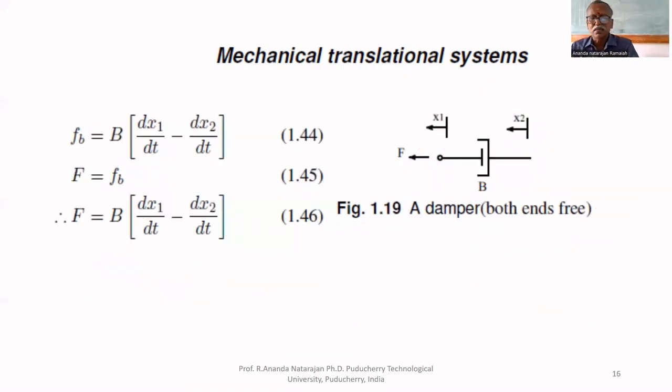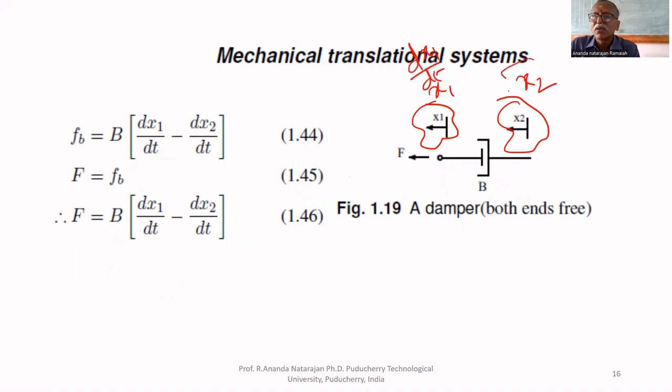The third case is a dashpot where both ends are free. One end is moving with a displacement of x1. The other end has a displacement of x2. So what is the velocity of this end? dx1 by dt. What is the velocity of this end? dx2 by dt.